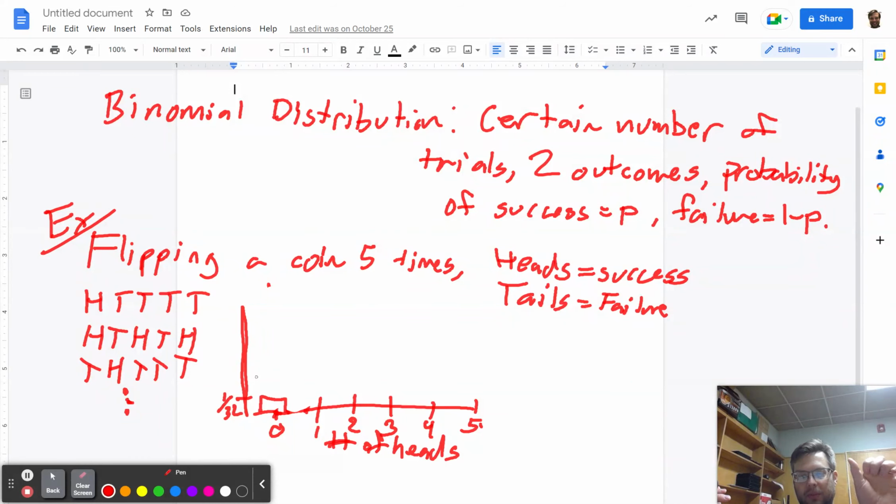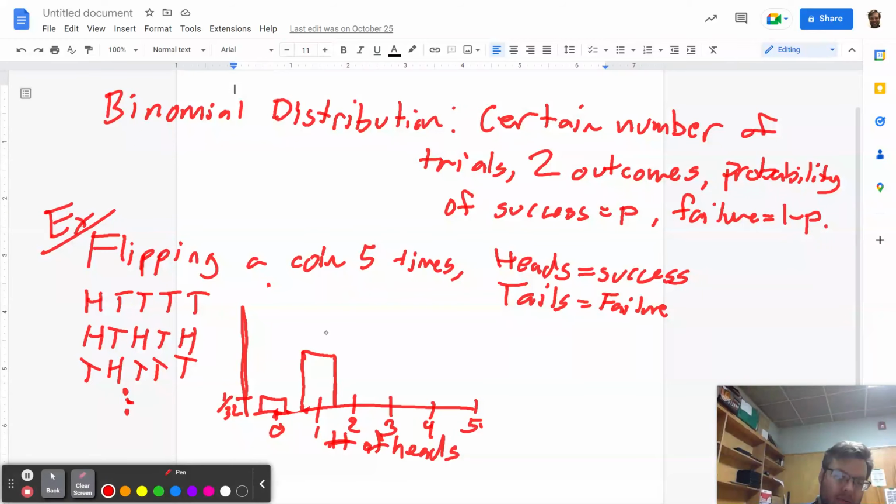It could be the first flip, the second flip, the third flip, the fourth flip, or the fifth flip. Those are 5 different options right there. So the bar for 1 would be, and I'm not going to draw this perfectly to scale, but it's going to be 5 times taller. 5 out of 32.